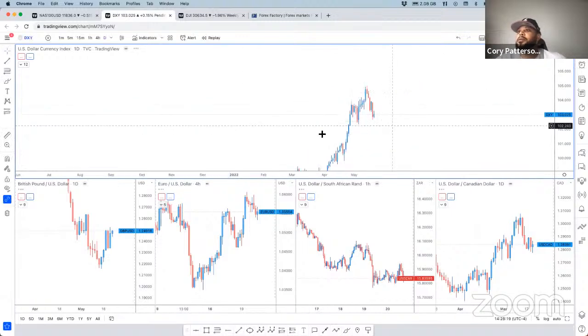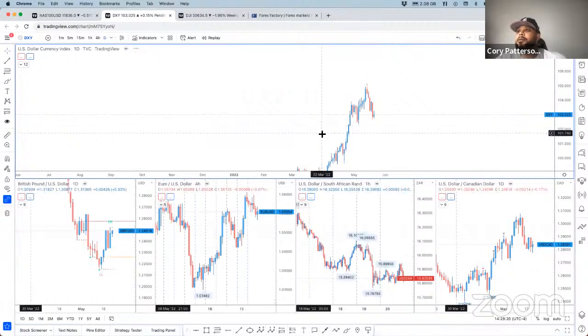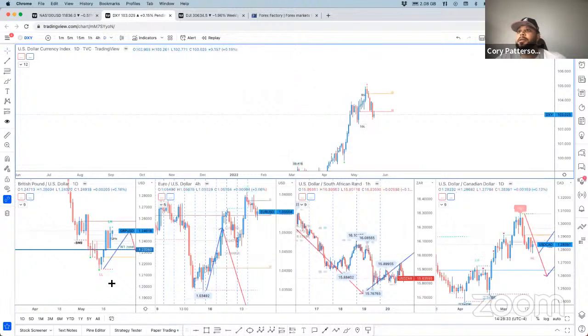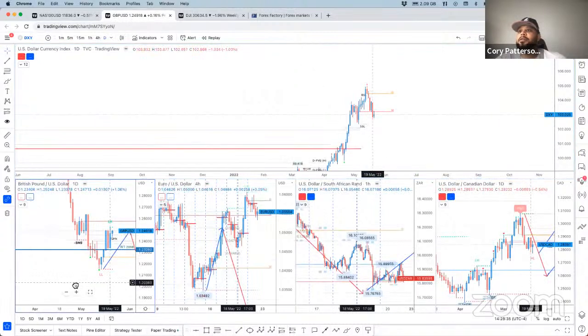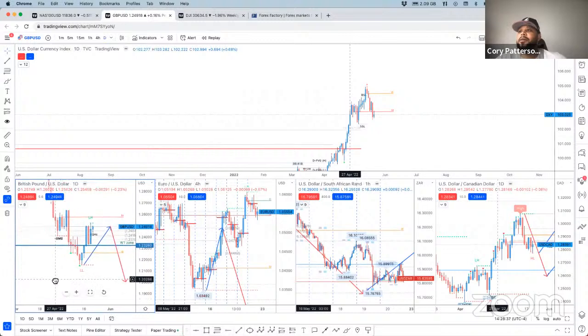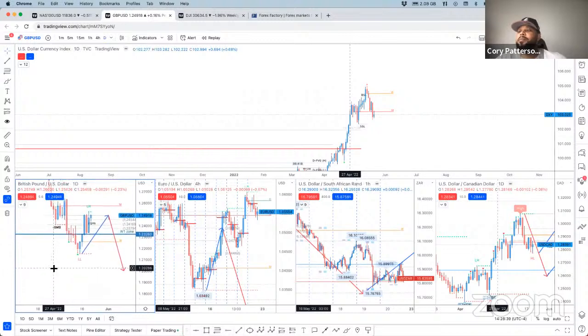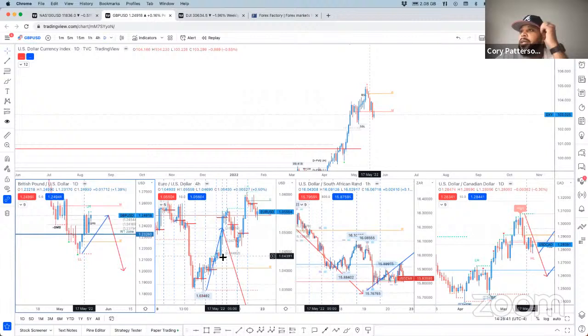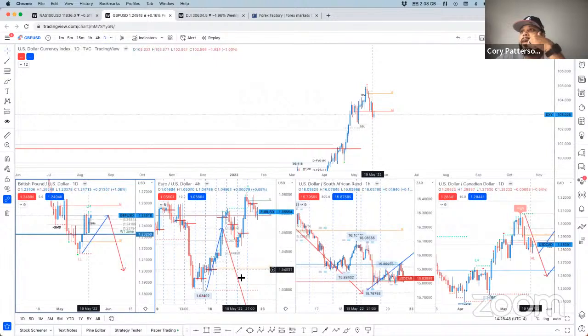Trading GU. So same thing with GU. It pretty much played out. GU and EU pretty much played out. We went up to this area. This area held, right? So we didn't get that down move like I thought.